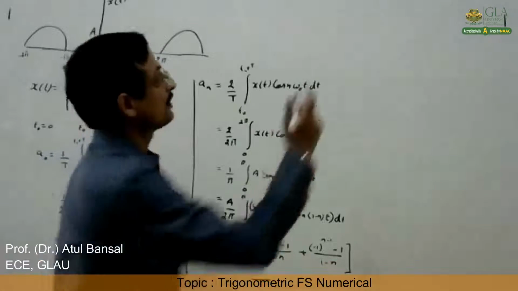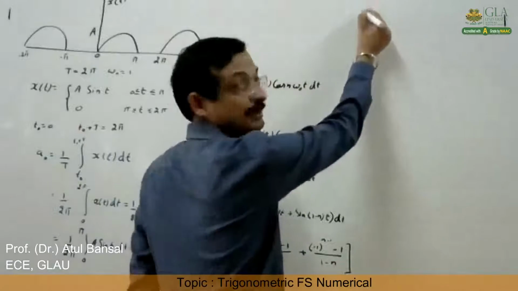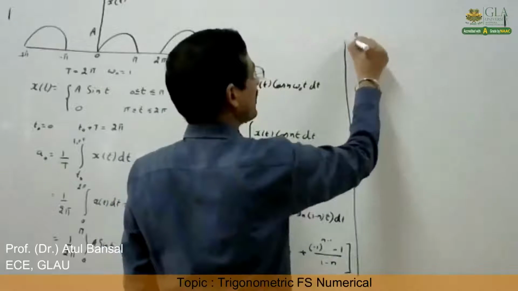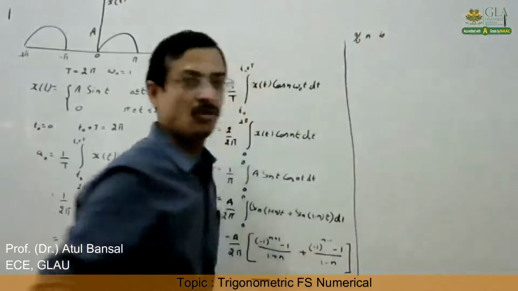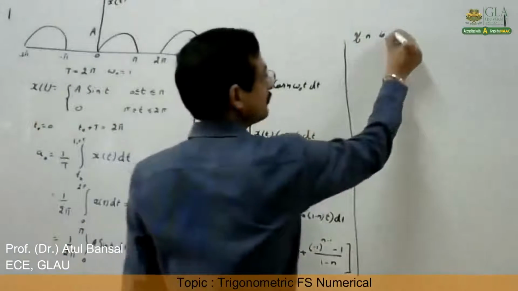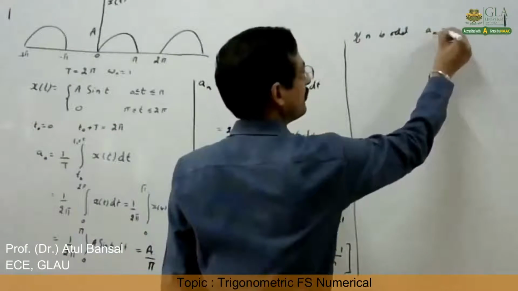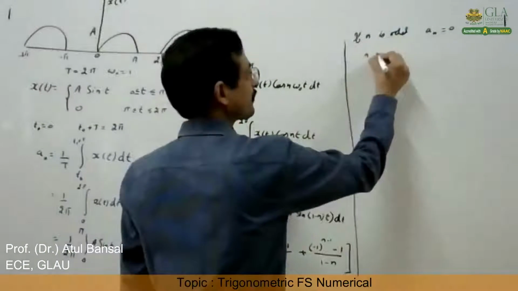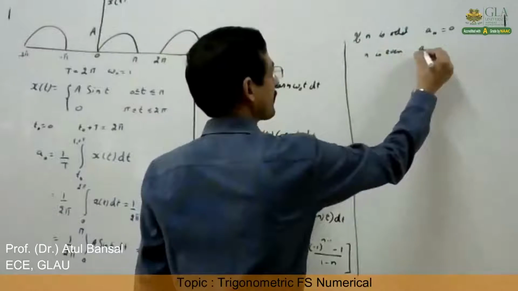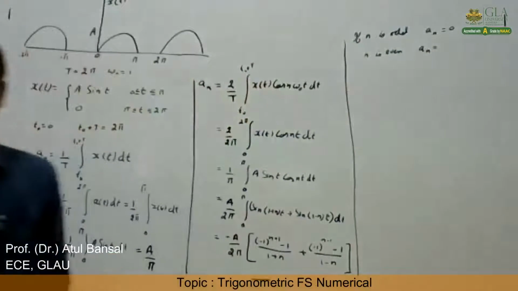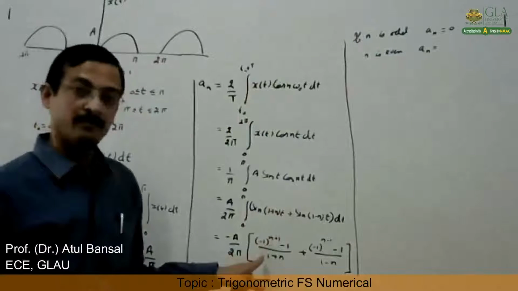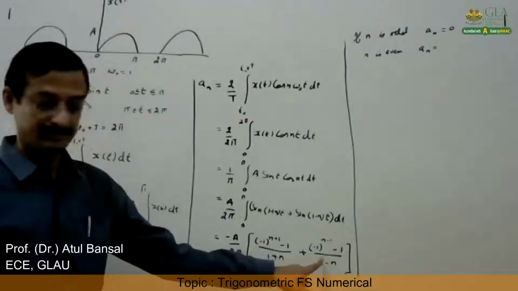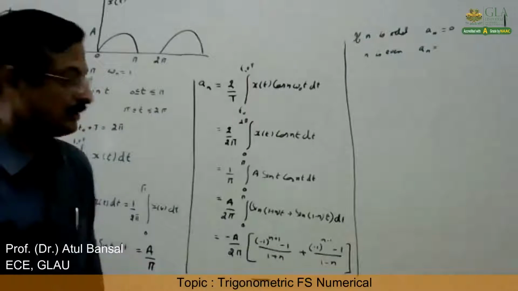Same way, we can say that if n is odd, an would be equal to 0, and if n is even, an would be equal to minus 2 upon 1 plus n, and same way minus 2 upon 1 minus n.